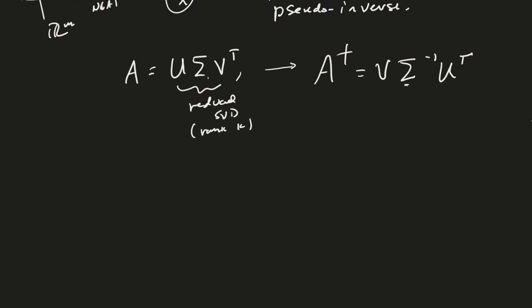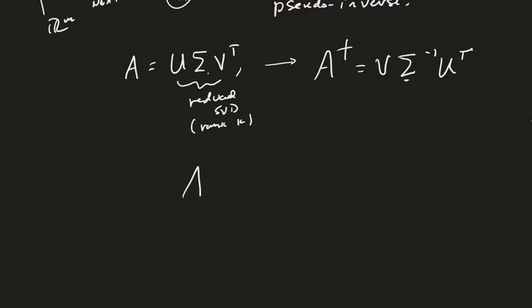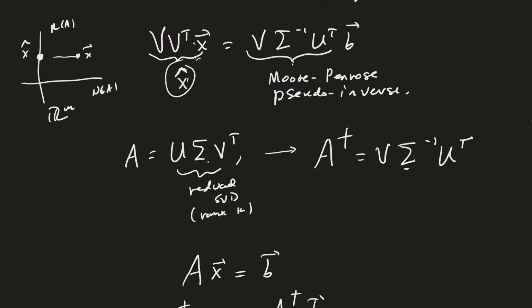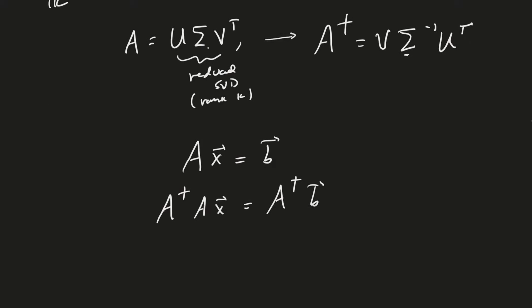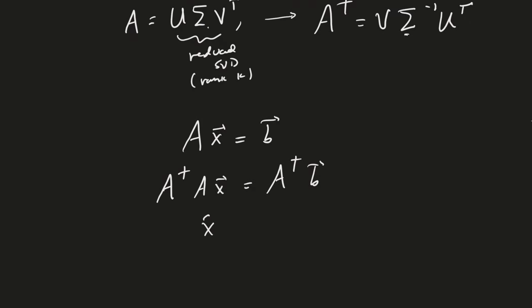So let's go back to the original equation now. If I have A times x equal B, then to solve it using the Moore-Penrose inverse, I'm just going to take A dagger and multiply by both sides. And now we see that if I take A dagger times A times x, I may not get x, I'm just going to get the projection of x into the row space, but that's fine.